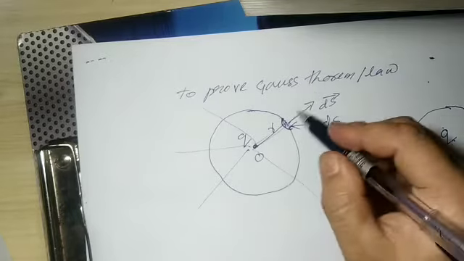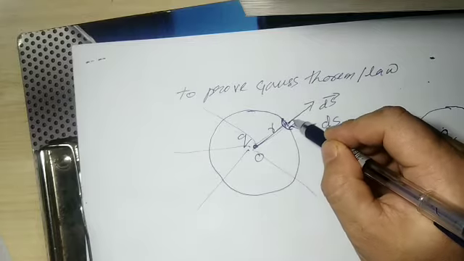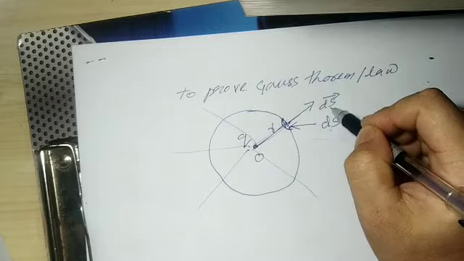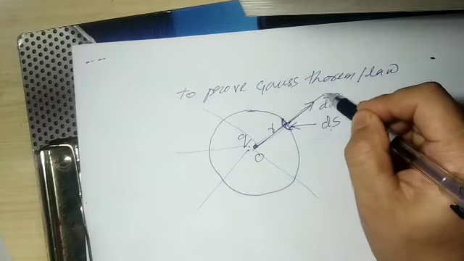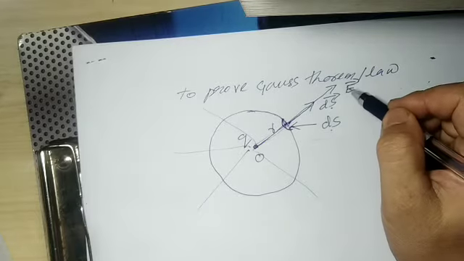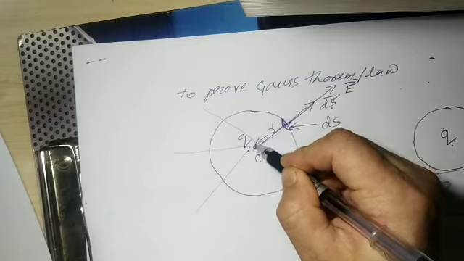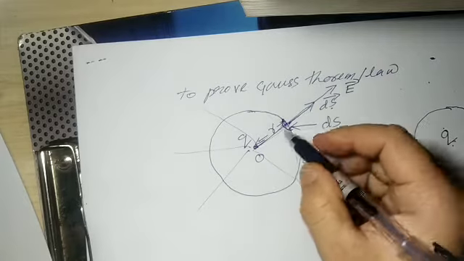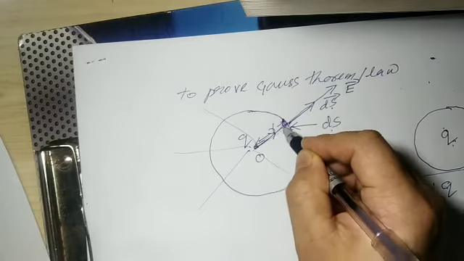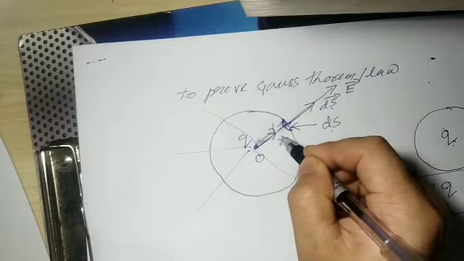The electric field is radially outward. So at this point the electric field is also along the direction of the area vector. So E and dS are in the same direction. This is the radius of the sphere, and let's say the unit vector along this radius is r cap.